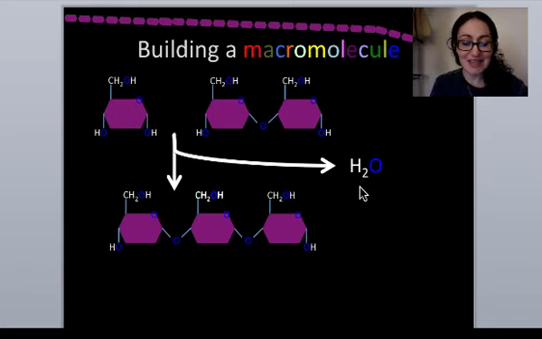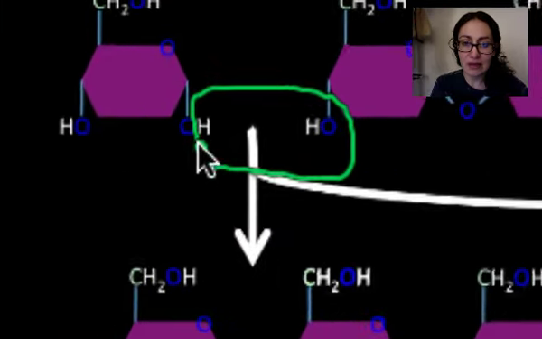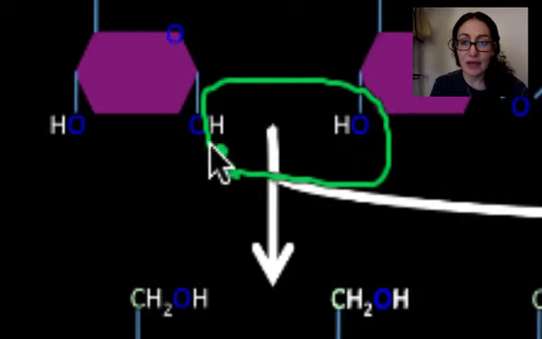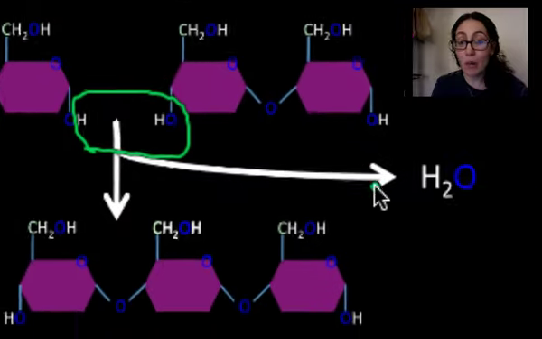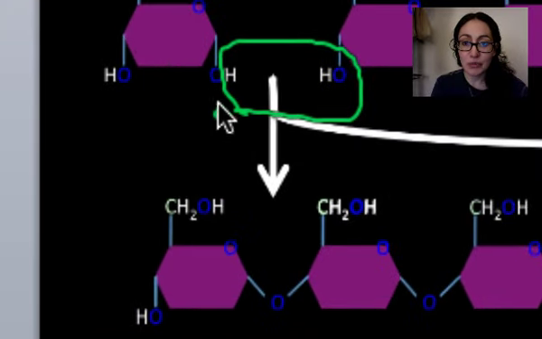So if we look here, the hydrogen here, this one stays put, one OH on this molecule and one hydrogen from this part of this molecule will actually bind and form water. And this oxygen will then attach to this carbon here and form a bond.